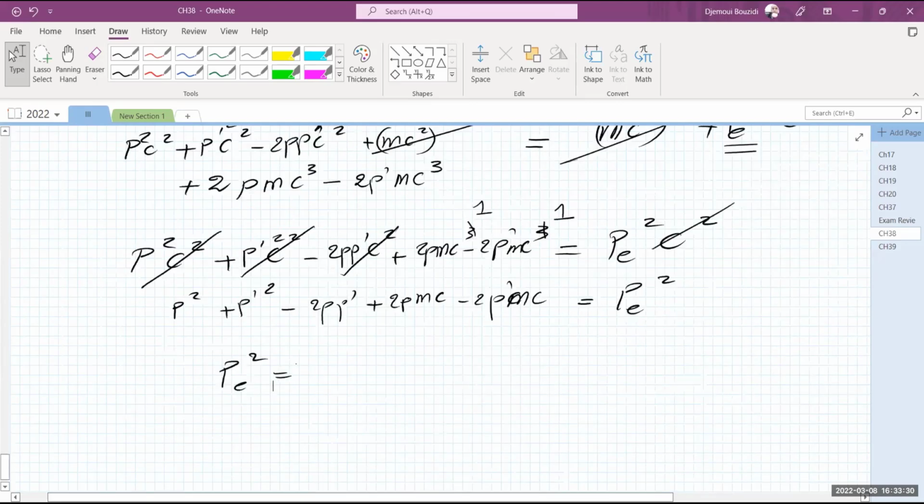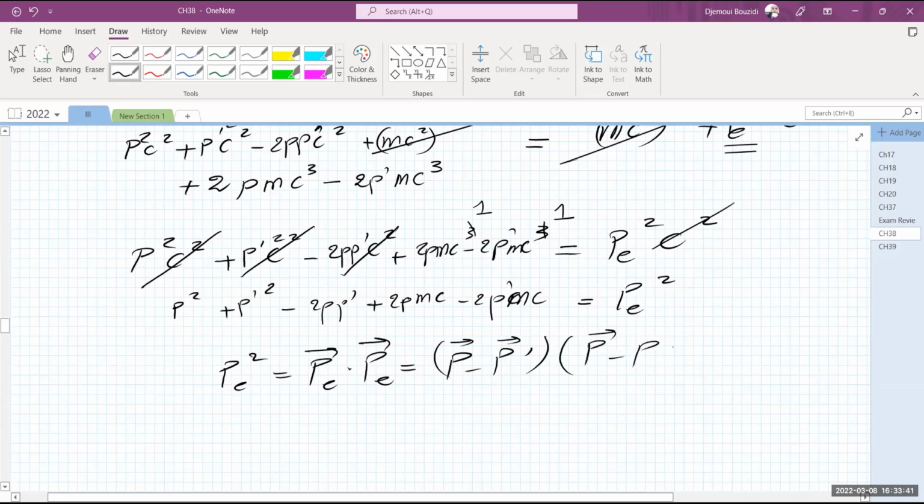So what I mean by P_e squared is just P_e times P_e. And that is equal to P minus P prime times P minus P prime. Obviously, P times P is P squared. And then minus times minus, that's P prime squared.